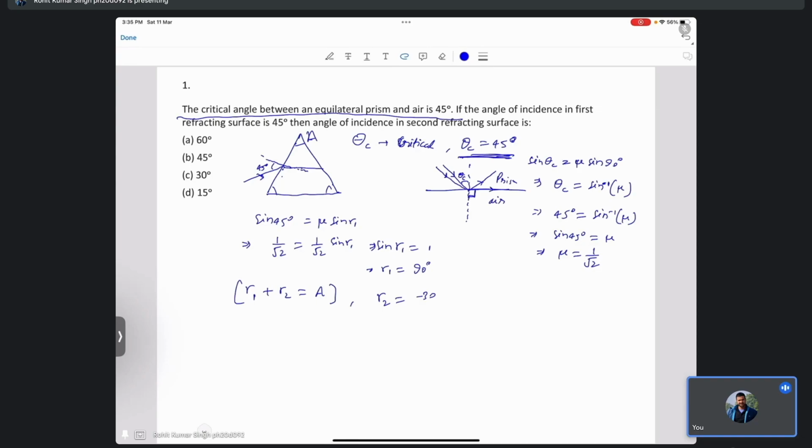So this mu will be on the other side. So basically, this prism is a rarer medium than air, so its refractive index is lower than the air. Okay, so then it will be 1 by mu equal to sine 45. So mu will be under root 2.